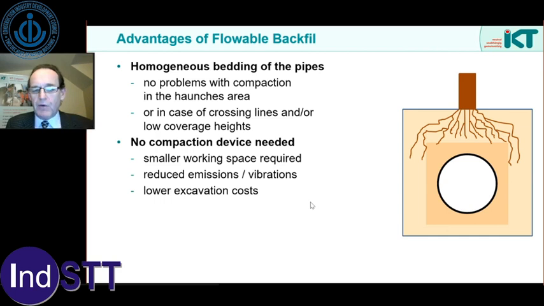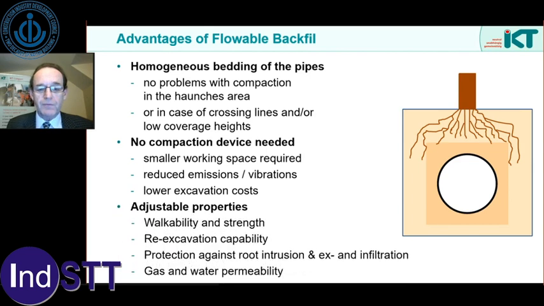We mentioned no compaction device being required, so in theory you can have smaller working spaces, narrower trenches. As a consequence of no compaction, less vibration, reduced emissions, perhaps lower excavation costs with the narrower trenches. And it's adjustable. You can adjust the composition depending upon how quickly you want to walk on it, what sort of final strength you require, and the requirement for re-excavation.